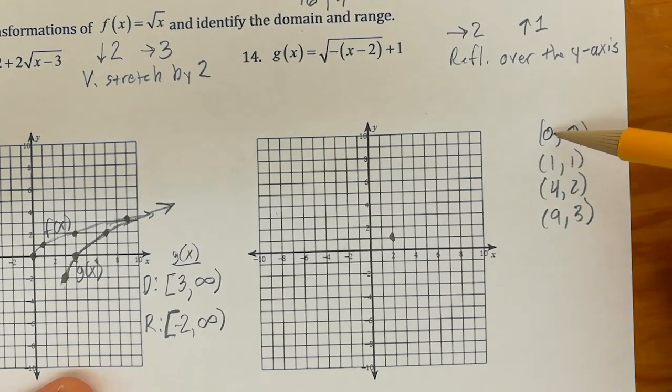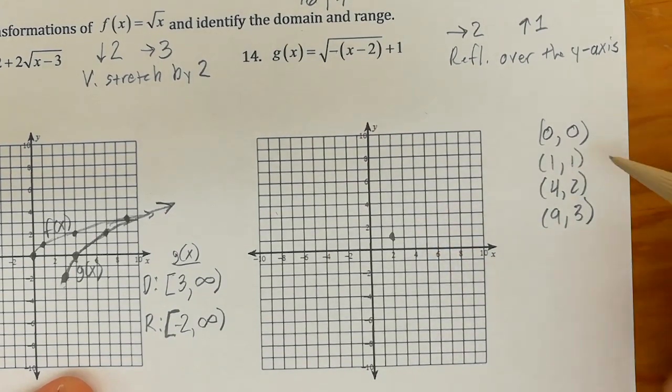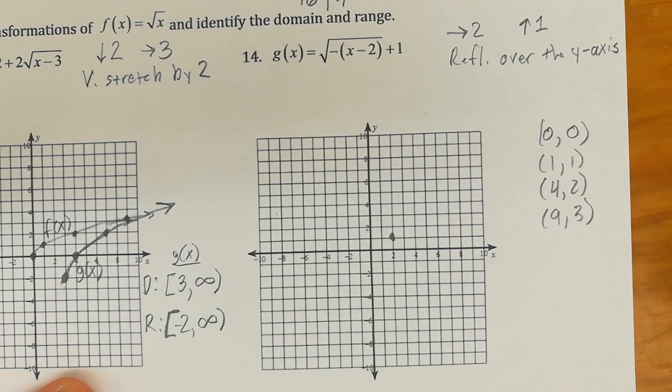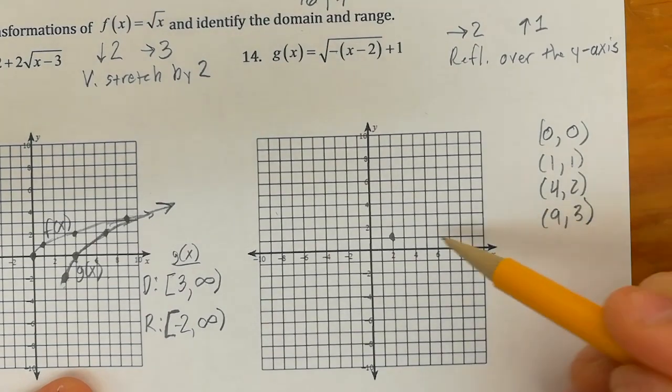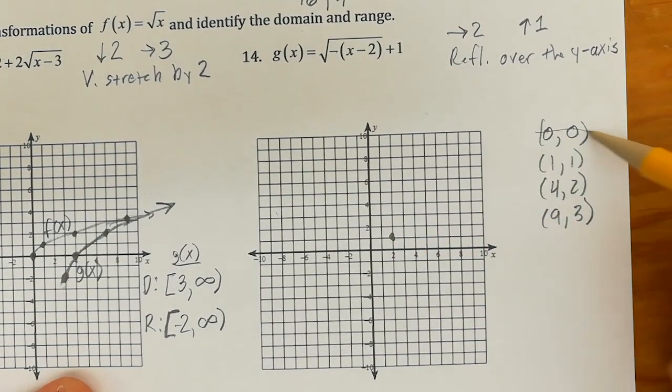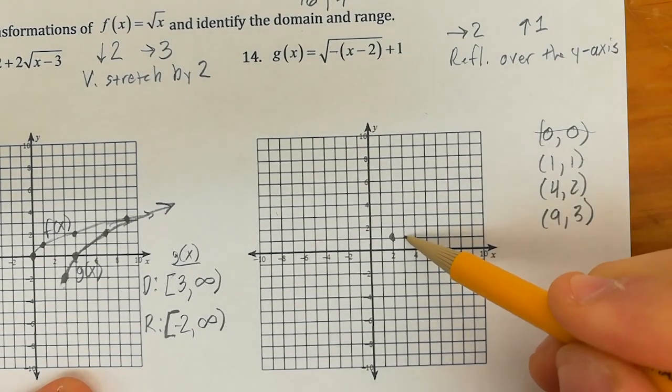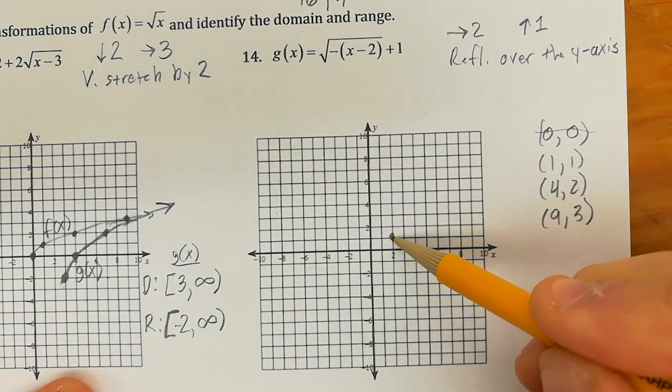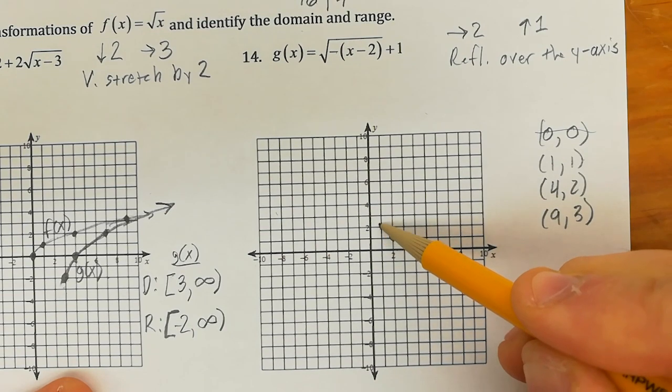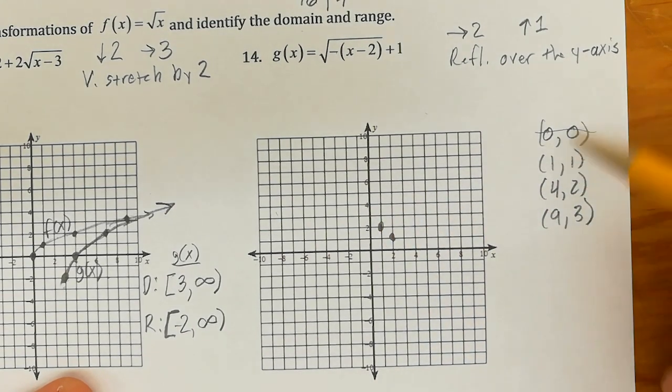And so this tells us how much to go right and how much to go up. And then we'll just have to think about how that changes based on any stretches or reflections. So, well, we already got (0, 0). Actually, you don't even have to think about that one. Then (1, 1), right 1, up 1. Well, instead, I'm going to go left 1, up 1. So this reflection over the y-axis causes these to become opposites.